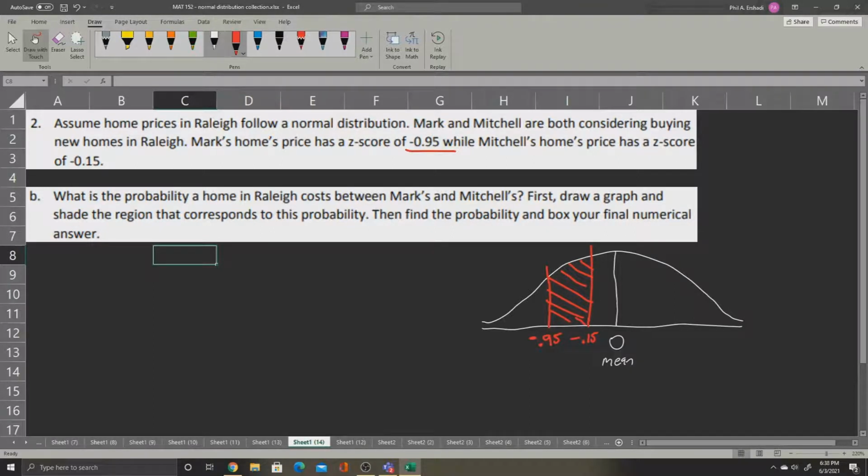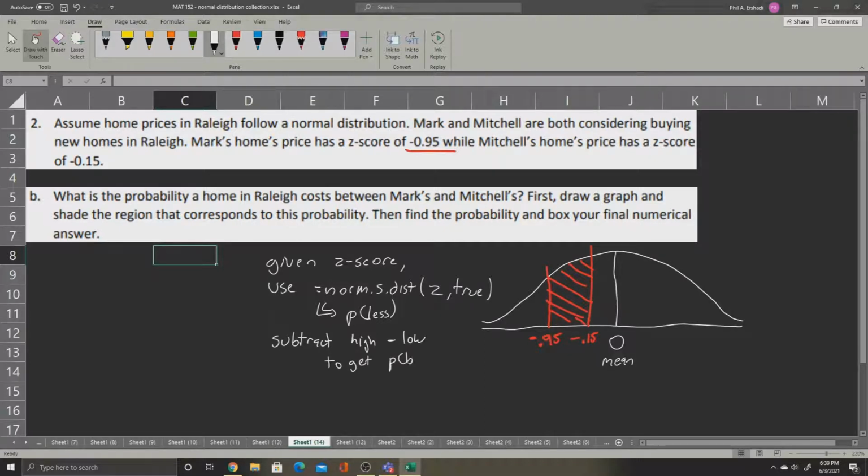Now, once again, we can use norm s-dist for z-score. And once again, inside of that function, we'll put z, comma, true. This will give us the probability of being less. What we want, though, is the probability of being between the two marks, so then we'll subtract our higher answer minus our lower answer. Now, let's enter our z-scores. Negative 0.15 and negative 0.95.